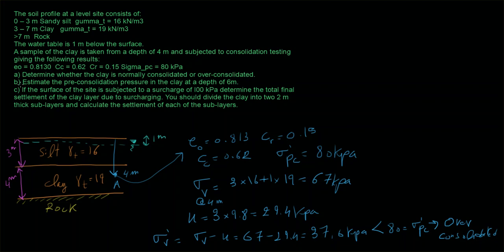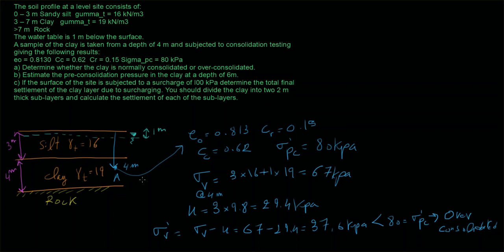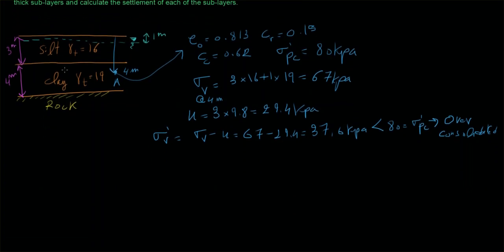Okay. Part B, we need to estimate the pre-consolidation pressure in the clay layer at a depth of 6 meters. With depth, Cc and Cr are constant, but the pre-compression stress varies. What stays the same is something called the marginal stress. The marginal stress is equal to the difference between the pre-consolidation stress and the initial stress.